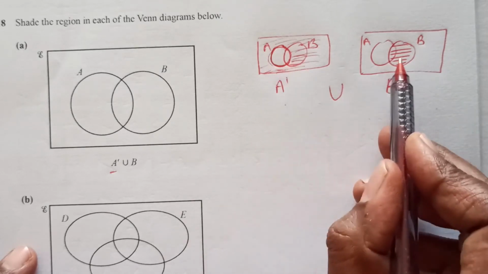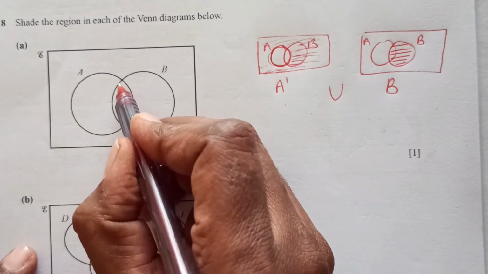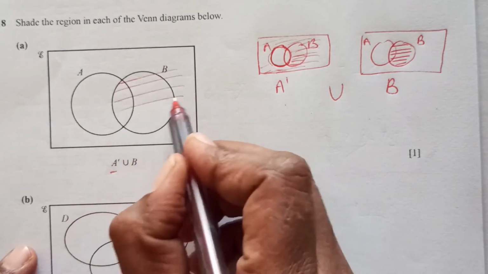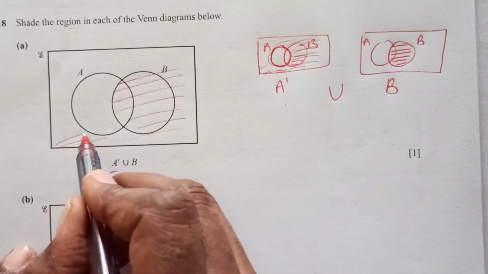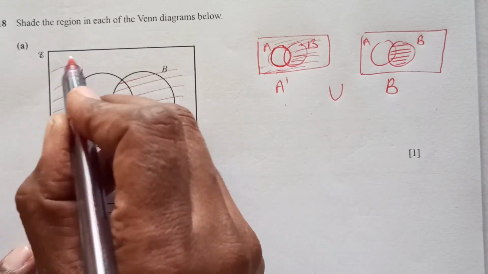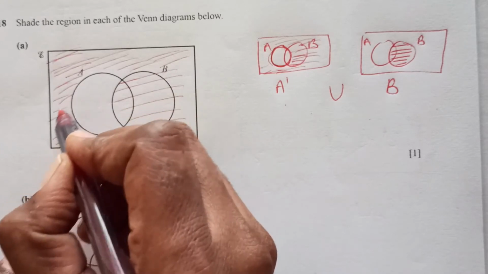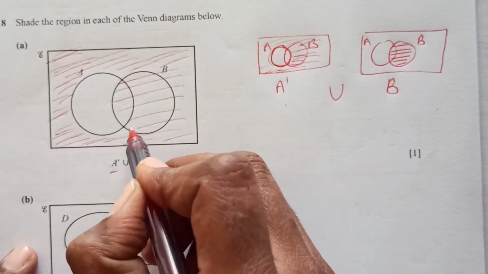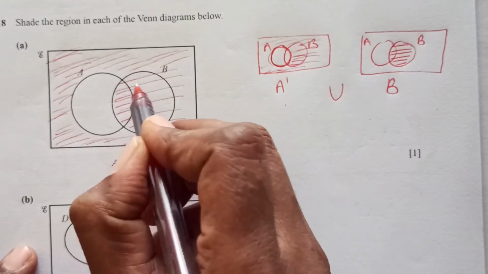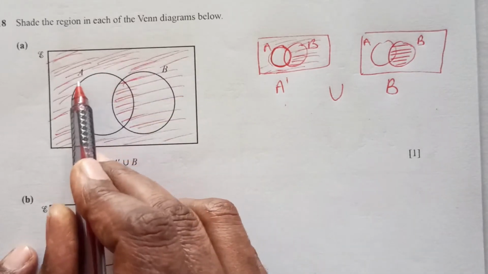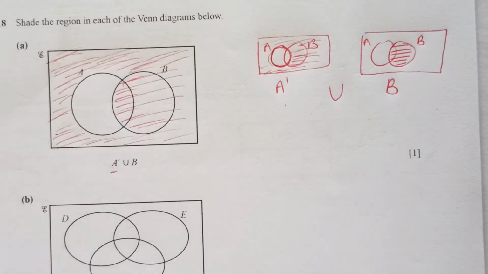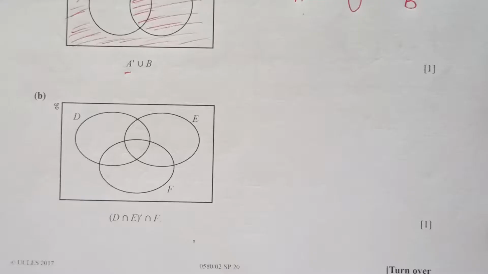This part is shaded in B. That means we are shading this B and the outer part of A. It's very easy when you do it in parts, to avoid any kind of confusion. So just leaving this part. So this is A dash union B.